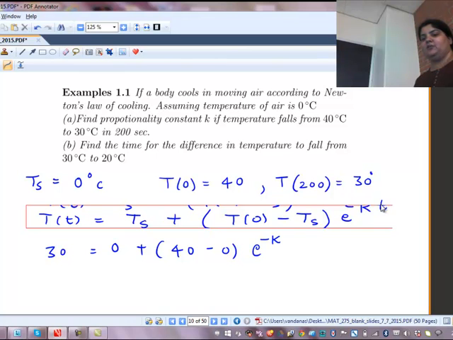e to the power minus k times t, which is 200. So I will get here e to the power minus 200k is equal to 30 over 40.